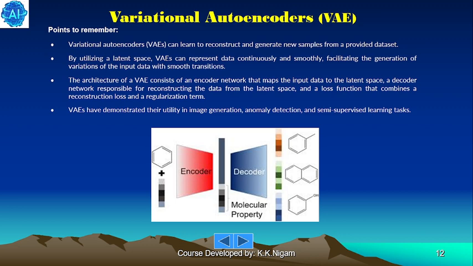The architecture of VAEs consists of an encoder network that maps the input data to the latent space, a decoder network responsible for reconstructing the data from the latent space, and a loss function that combines a reconstruction loss and a regularization term. VAEs have demonstrated their utility in image generation, anomaly detection, and semi-supervised learning tasks.